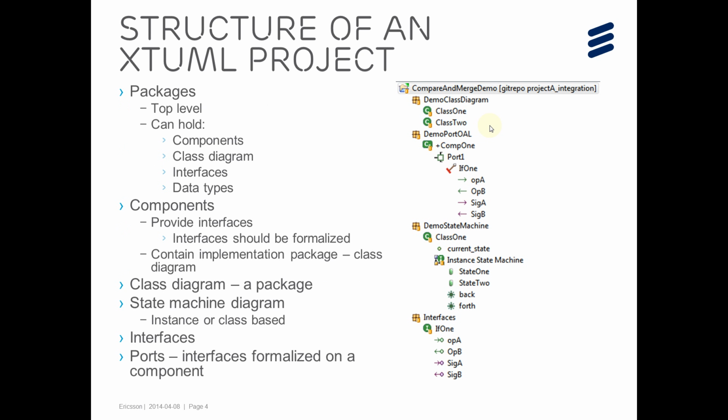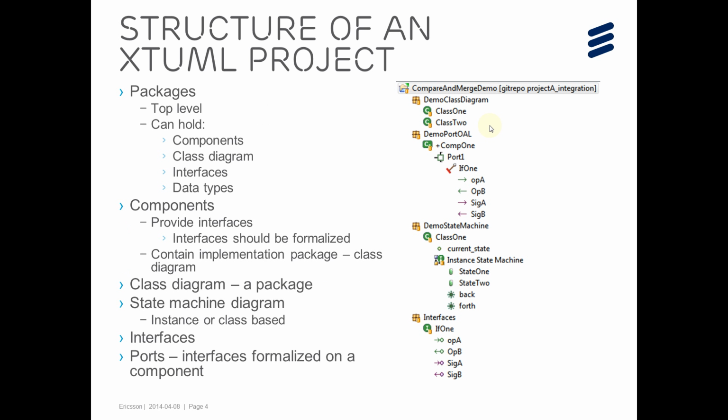So this is the slide about the structure of an xtML project. Projects are usually composed of packages. Within we can have components, classes, and other xtML model elements. Basically, packages can hold components, class diagrams, interfaces, data types, etc. Furthermore, components provide interfaces, and they usually contain implementation packages which are actually class diagrams.